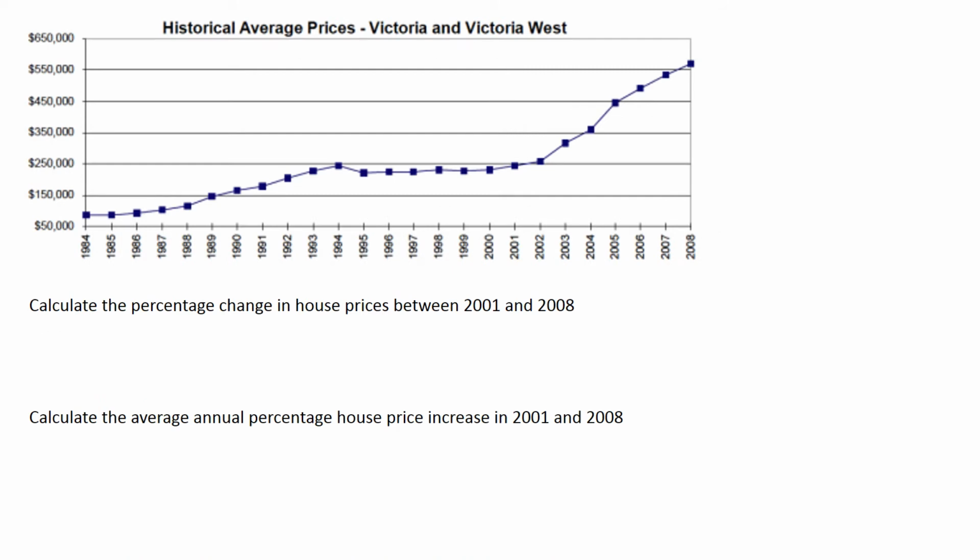So now we're going to use our formulas for calculating percent change, because we're asked to calculate the percent change in house prices between 2001 and 2008. Let's start by finding 2001. There it is, and it's nearly sitting right on the line at $250,000 was the average price of a home. And in 2008 it jumped up a little bit above 550,000, and here is where we have to estimate.